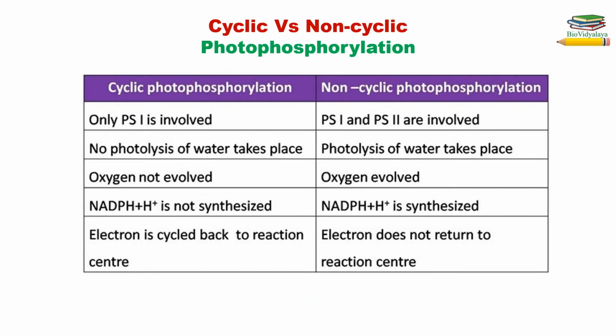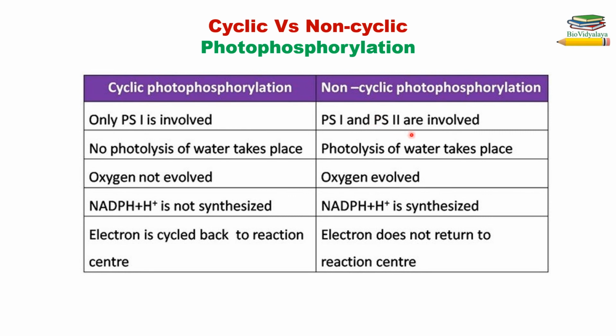So this is the comparison between cyclic and non-cyclic photophosphorylation. In cyclic photophosphorylation, only photosystem 1 is involved, that means P700. But in non-cyclic photophosphorylation, photosystem 1 and photosystem 2 are involved, that means P700 and P680. In cyclic photophosphorylation, no photolysis of water takes place.